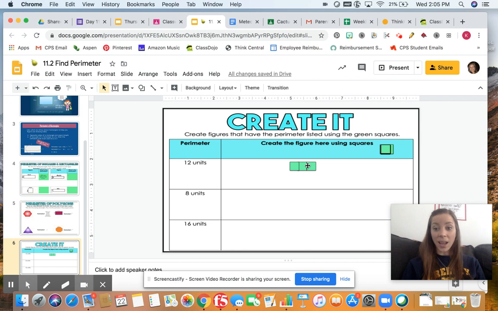So this one only has 8. So I'm going to need to somehow continue adding more so that it will have 9 at the start of it. 1, 2, 3, 4, 5, 6, 7, 8, 9, 10, 11. So I only have 11. So now I have to figure out a way to make this into get 11. So this is a challenge slide. Try your best to have a little fun with that one and move things around.